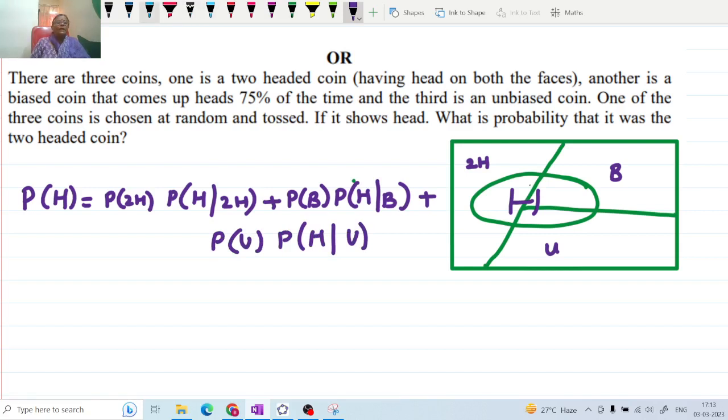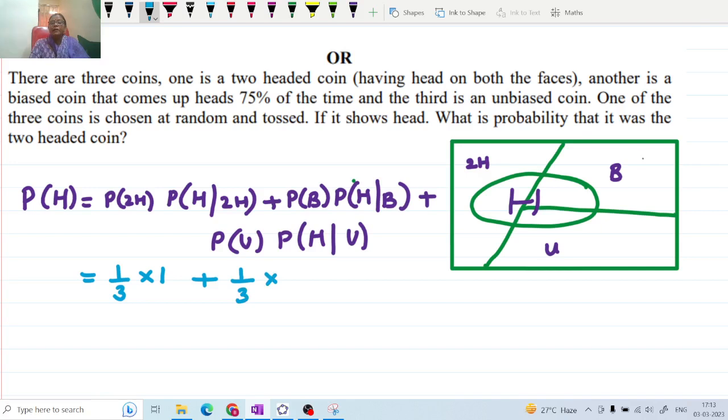Now, what is its value? Write down the value. Probability of two-headed is 1 upon 3. And when it is two-headed, what is the probability that you get a head? It is 1. The probability of biased coin is 1 on 3.